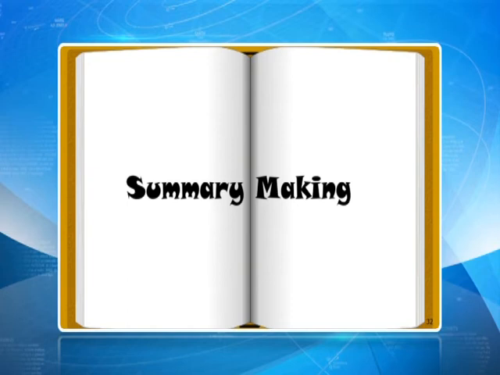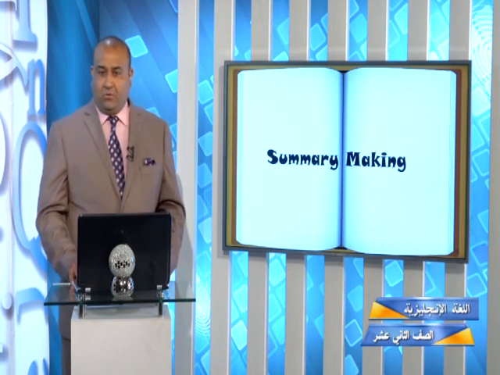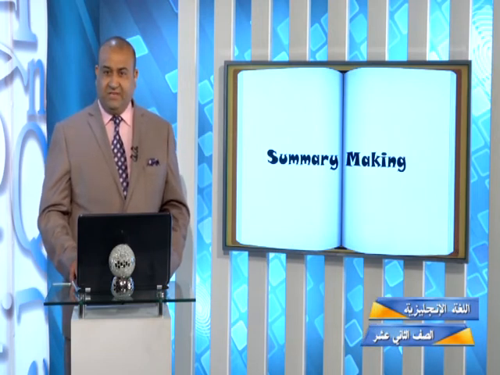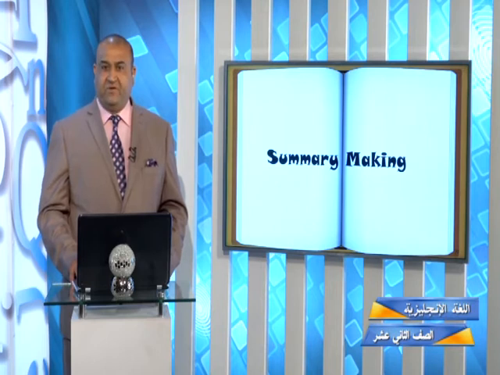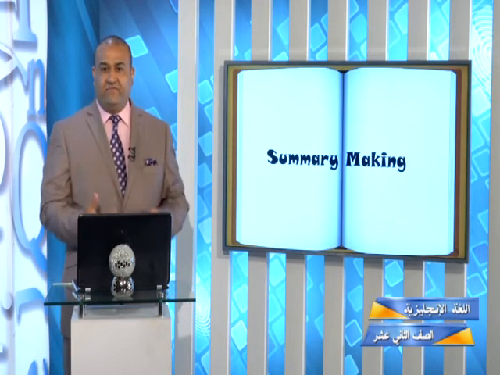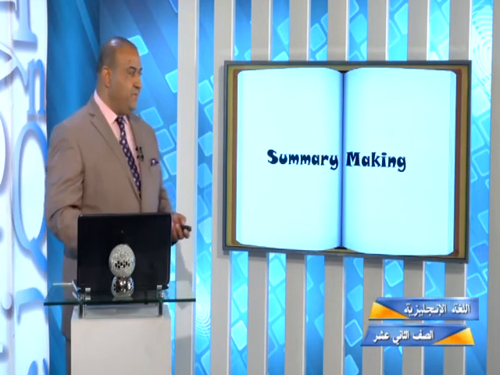Now, what about the summary making? You are asked to focus only on one paragraph to answer only one question by giving 4 answers. You have to go back to the text, look for the paragraph, focus on the answers, take them out and try to make correct sentences, and then think of very suitable linkers in order to have a very cohesive and correct paragraph.